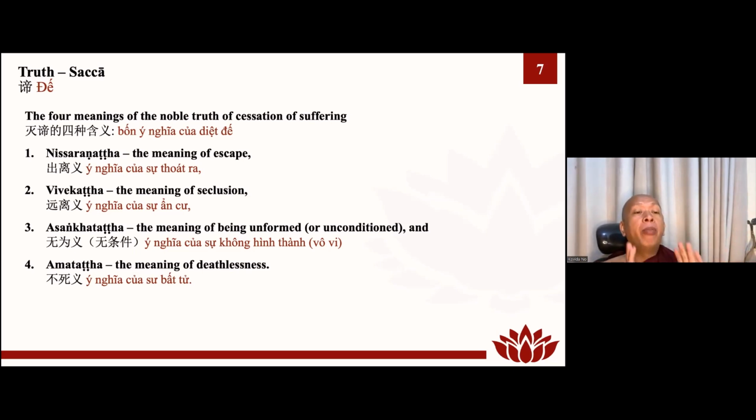You may remember Kaya Viveka, Chitta Viveka, Upadhi Viveka, right? If we live alone, we call it bodily solitude. Then we have Chitta Viveka. If we have only one object, like when we are meditating, we have Chitta Viveka. Upadhi Viveka means we are free from the different types of Upadhi. For example, Khanda, the aggregate, is also called Upadhi. We are free from Khanda. I already said Nibbana is free from Khanda. That's what we call Upadhi Viveka.